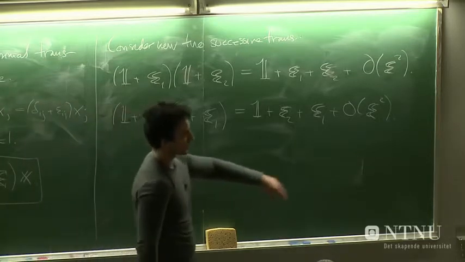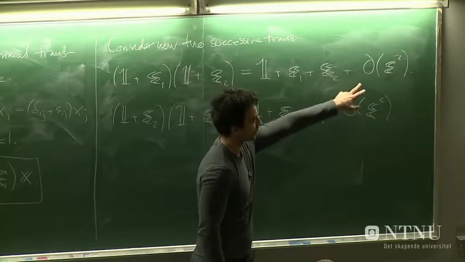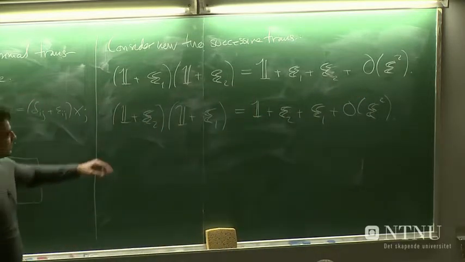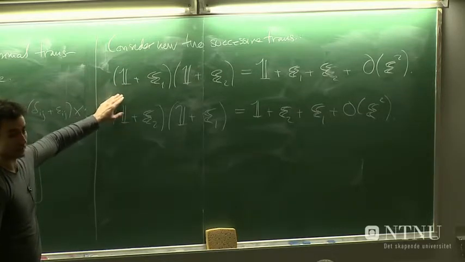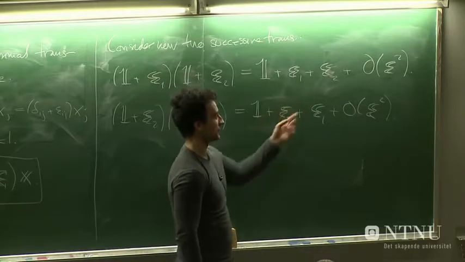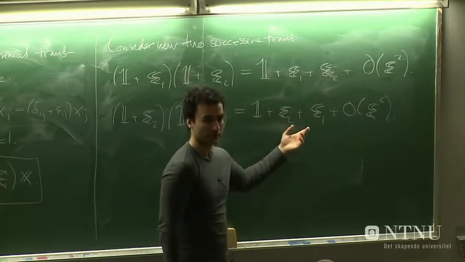So you see that as long as we neglect these higher order terms, these second order terms in epsilon, these two operations are the same. Because epsilon 1 plus epsilon 2 is equal to epsilon 2 plus epsilon 1.